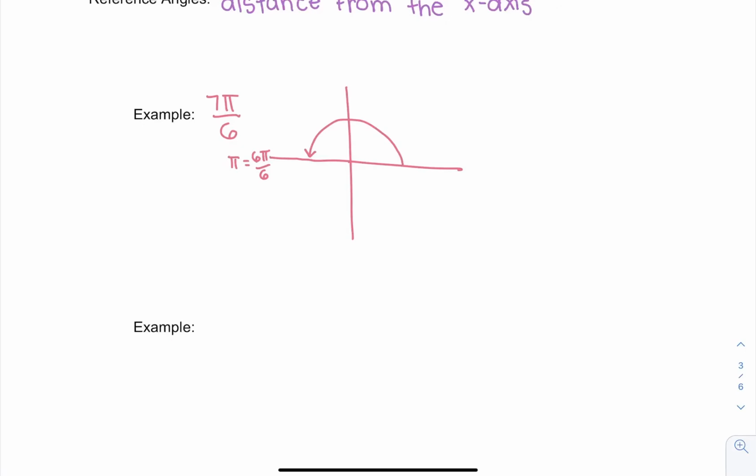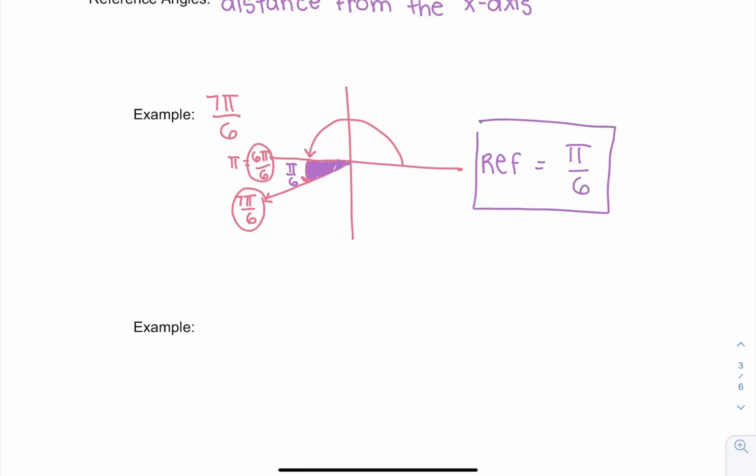So I know I have to go a little bit more than 6 pi over 6 to get to 7 pi over 6. So here I have 7 pi over 6. Now if you ask yourself, how far away is this from the x-axis? The closest way to get to the x-axis is just pi over 6. That means the reference angle is pi over 6. Notice the denominators. It's still 6. So our reference angle is really easy to spot.